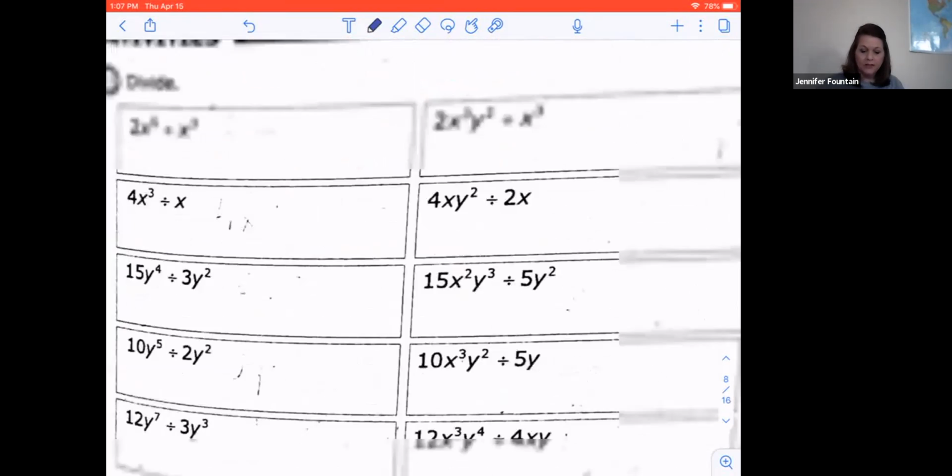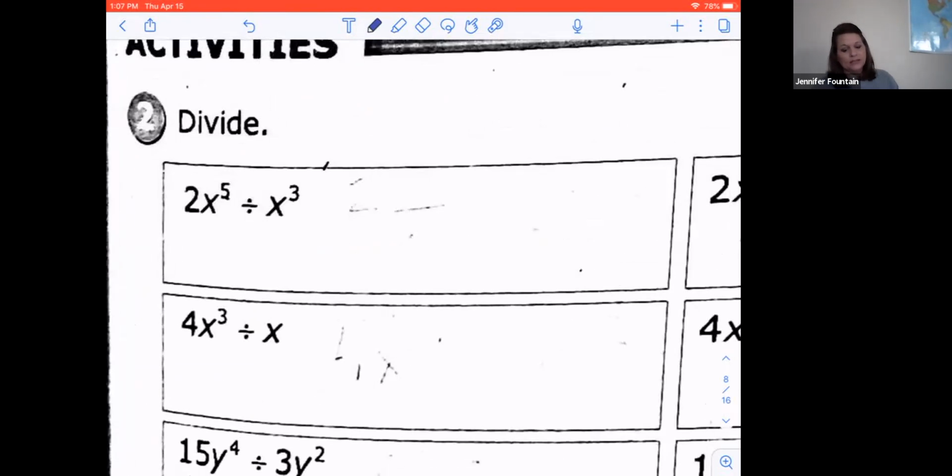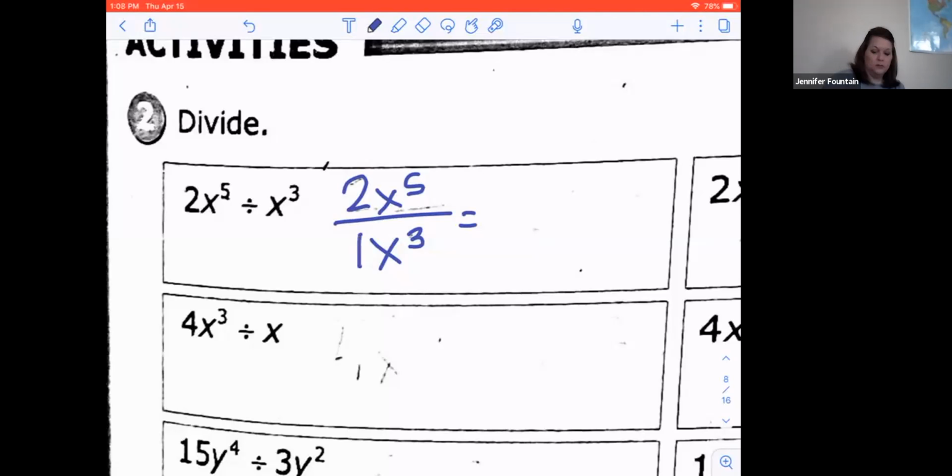So let's go ahead and work through these. Okay, so activity 2. We're going to start with 2x to the 5th divided by x cubed. Okay, what number do I understand to be in front of x cubed? A 1.